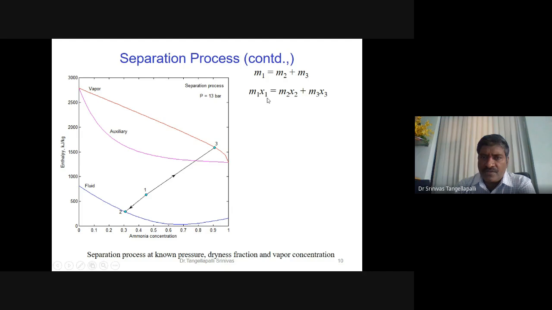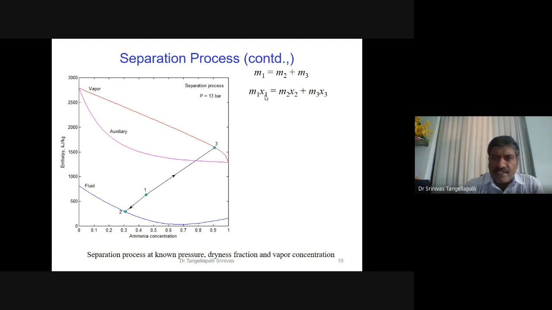M1 x1 is equal to M2 x2 plus M3 x3. What is the meaning of M1 x1? At state 1, the total quantity of ammonia. Actually, x1 is defined as, what is the unit of this x1? That's concentration, that's a number actually.